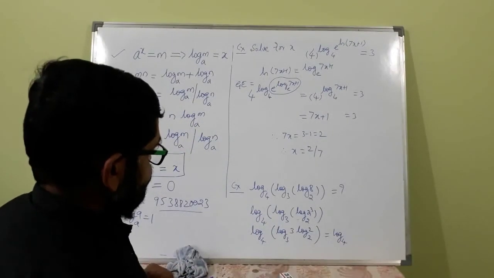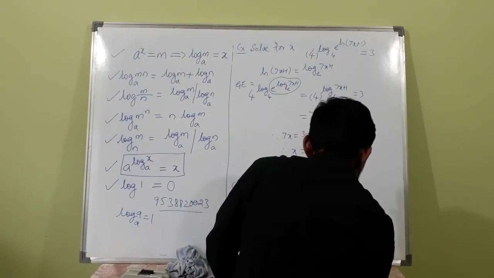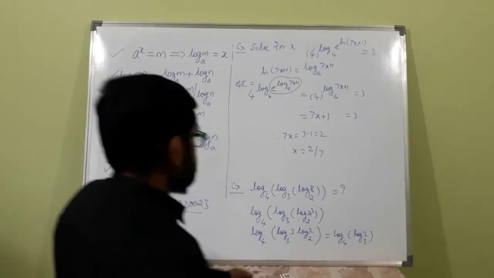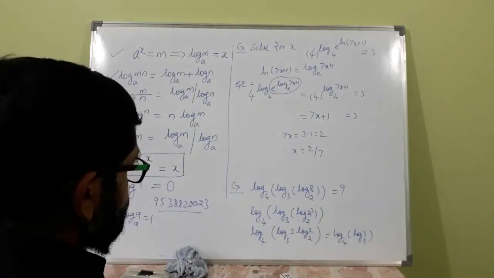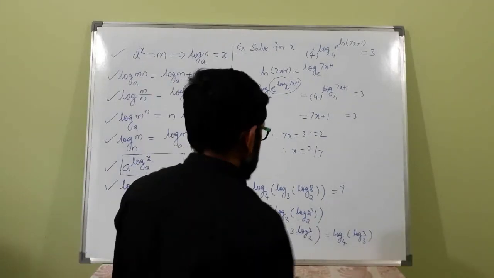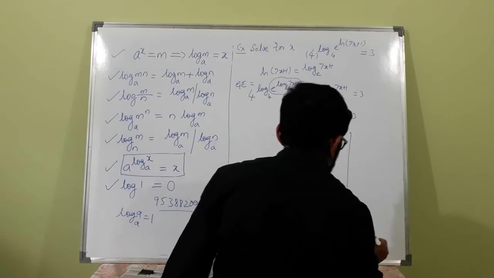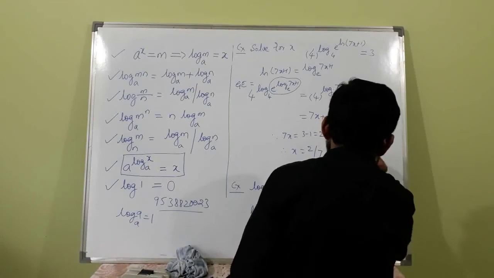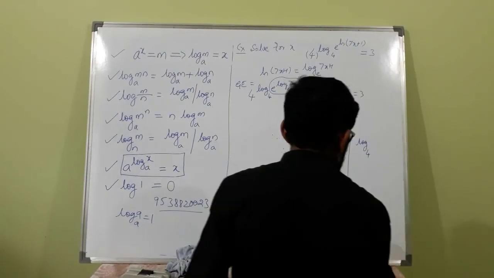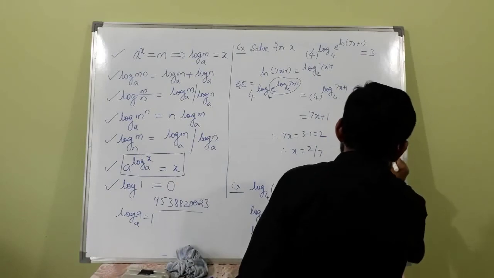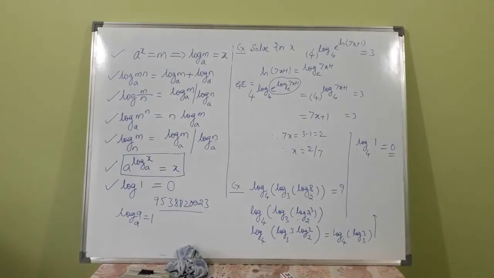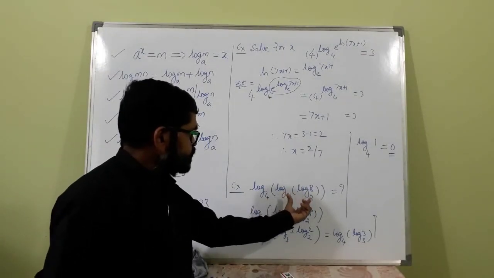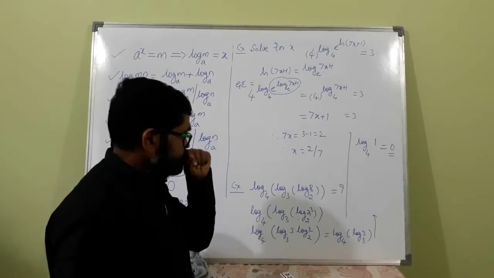Log 3 to the base 3, log 3 to the base 3 is equal to log 1. I will write it here. Continue. See, log 4 into log 3 to the base 3 is 1. Log 1 is 0. Okay. You got it. You have to simplify from the inner brackets. Is it okay?